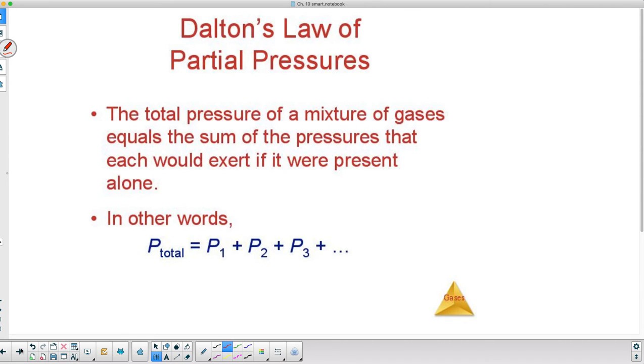Air has a whole bunch of different gases, but the 2 main gases that make up 99.9% of all the gas in air would be the pressure of nitrogen plus the pressure of oxygen. If you add those 2 together, you get basically the pressure of air. This would be Dalton's law of partial pressure. You can add pressures of gases together to get a total. With air, that's just one example.